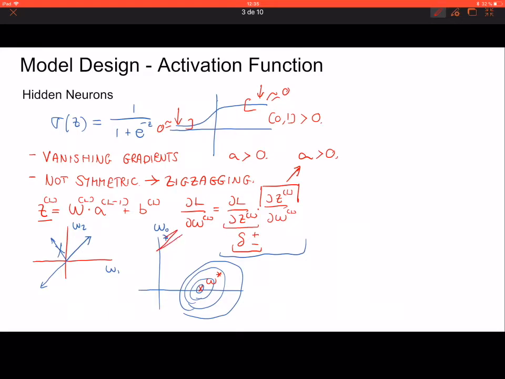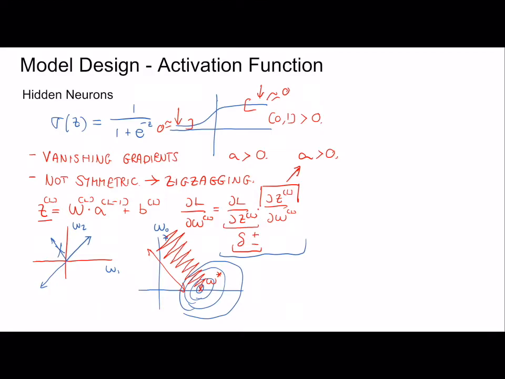The path towards the minimum will be a zigzag, and this might take forever. So this is why an activation function that is not symmetric is not very useful.